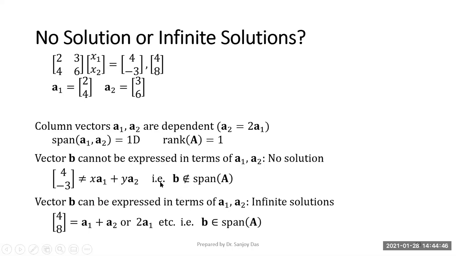However, in the other case, when B is 4, 8, now 4, 8 does lie in the span of A1 and A2. In fact, if you just take twice A1, you get 4, 8, right? If you add A1 plus 2/3 of A2, this is not A1 plus A2, this is A1 plus 2/3 of A2, you again get the same 4, 8.